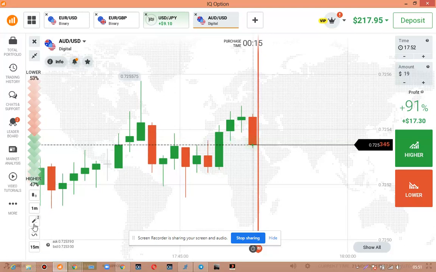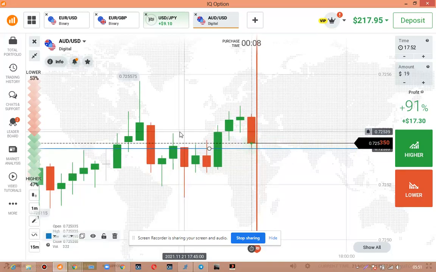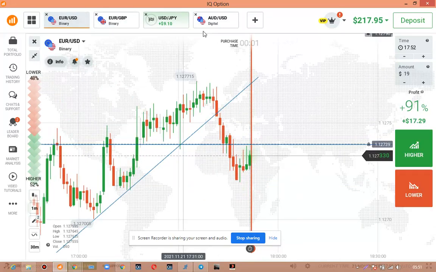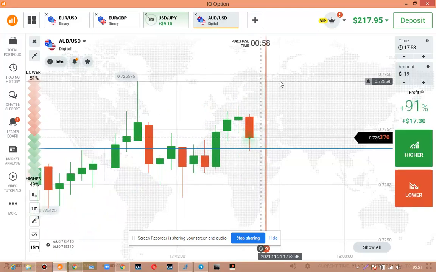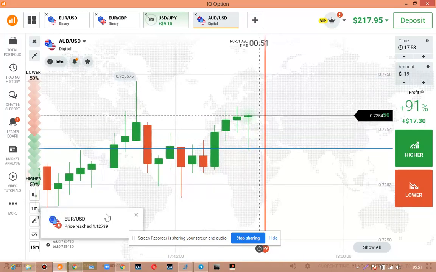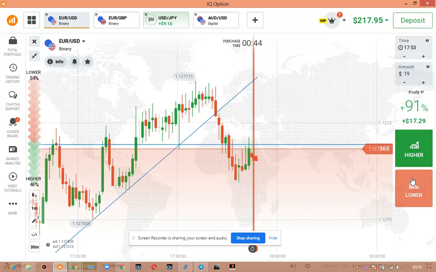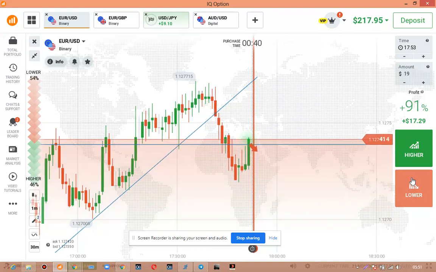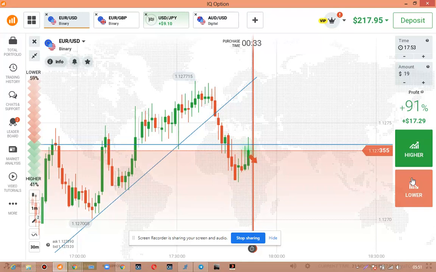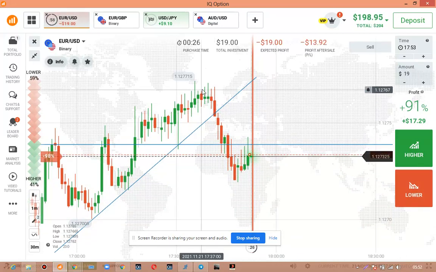Okay, so I place put option in the direction of the trend.